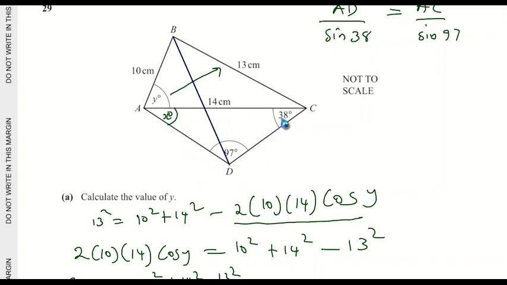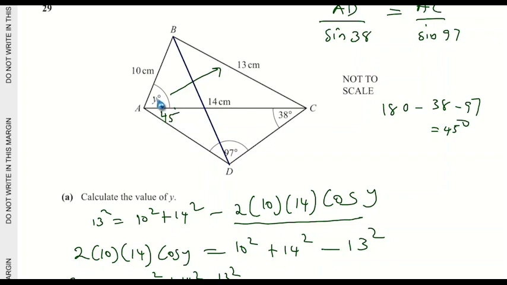Okay, because this is 38, this is 97, so we can get X. So this is going to be, let me write it again, 180 minus 38 minus 97, right? So this should give us 45 degrees. So it means this angle here is 45 degrees.